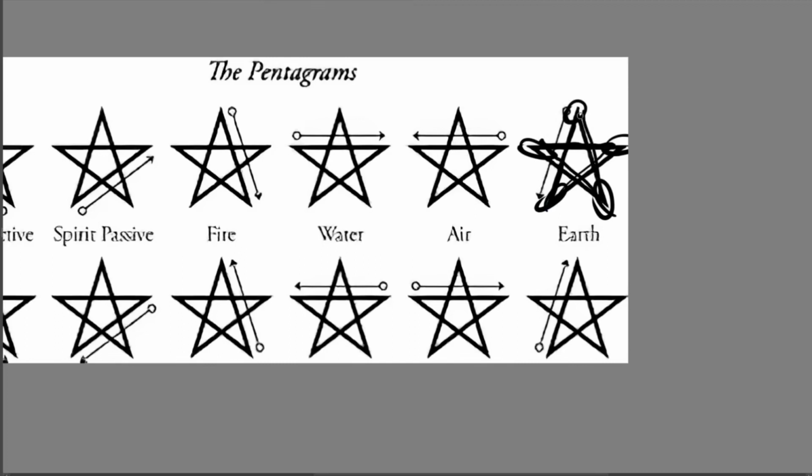What do you feel? Kind of feels like a sense of peace. Let's try that again. Okay, from the head, go to the right leg, to the left arm, to the right arm, to the left leg, back to the head. And then you stop there. Internally, you have invoked this pentagram.